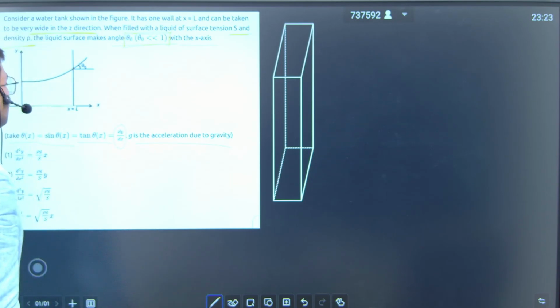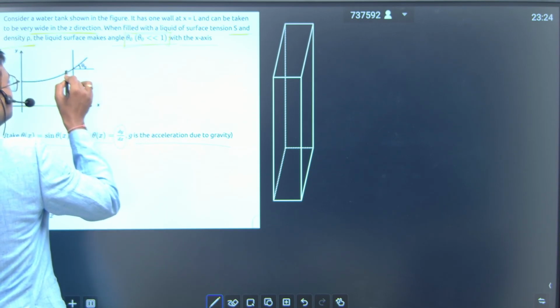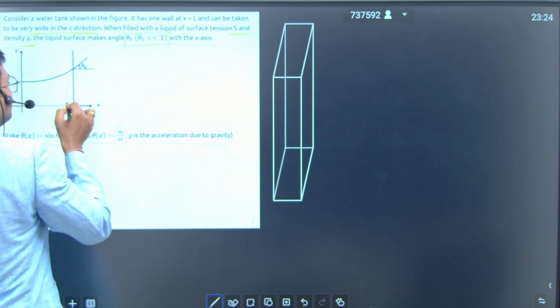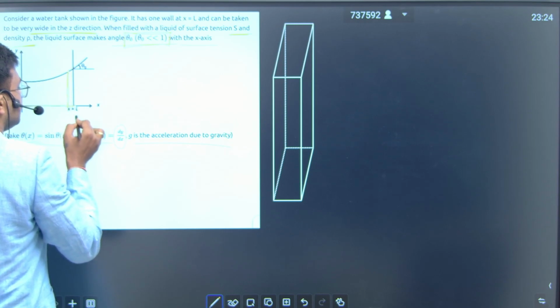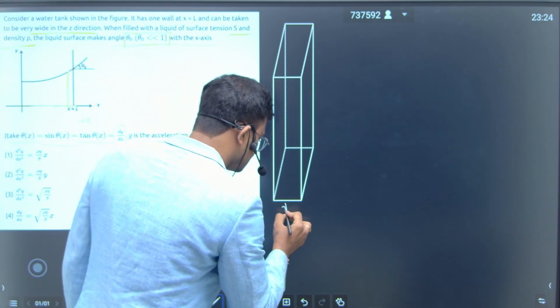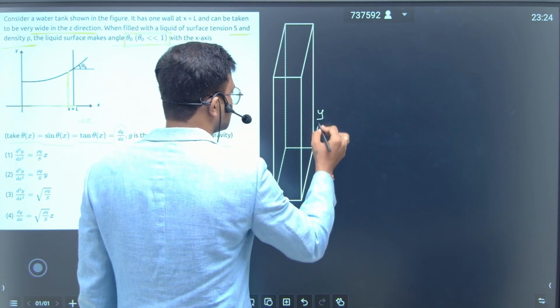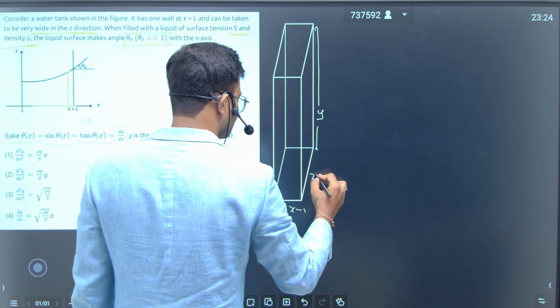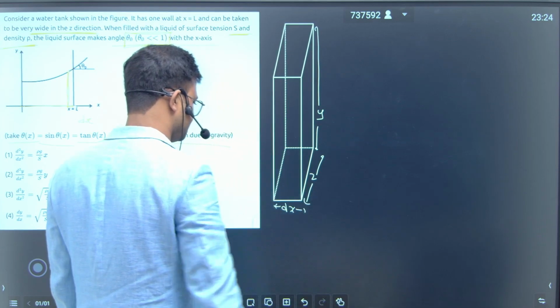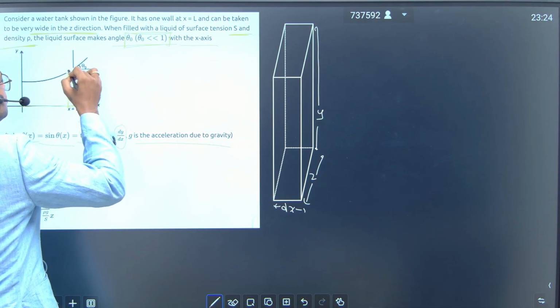Let's consider a very small portion, with width dx, length y, and the very wide direction z.